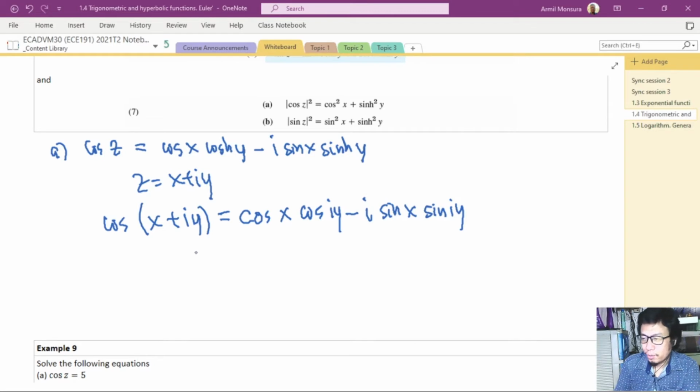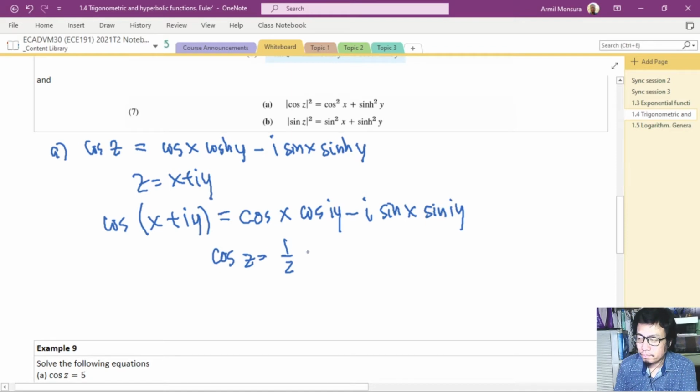So recall that in the previous formula, we have cosine of z equals 1/2 times e raised to iz plus e raised to negative iz. So we were able to derive that one. Now, at this point, let us let z be iy.